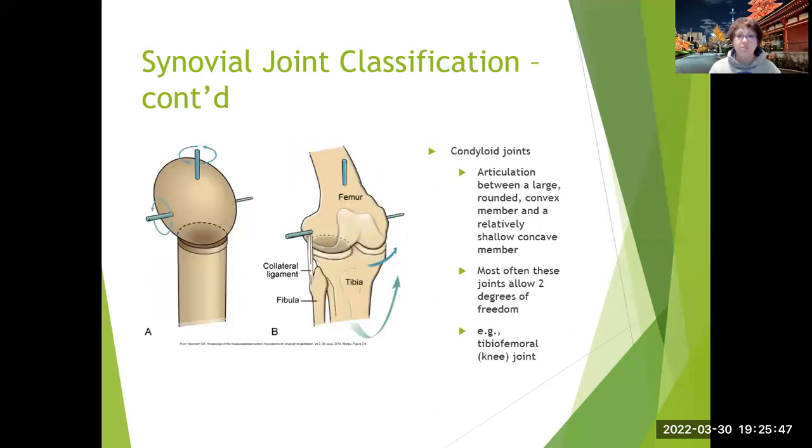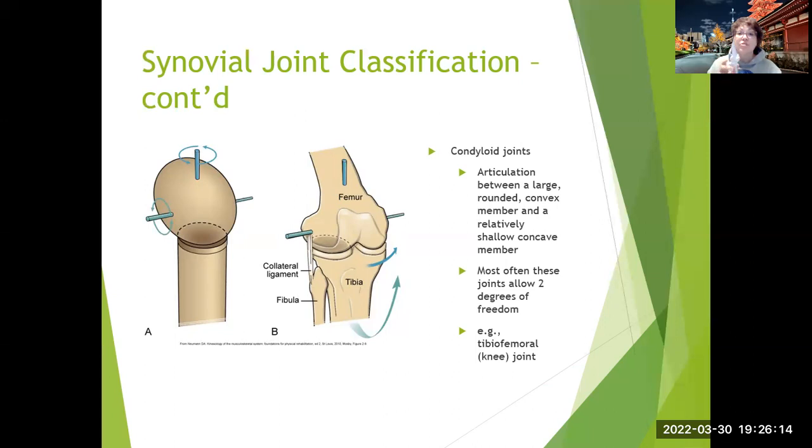A condyloid joint, that's our tibiofemoral joint, our major knee joint. The other joint in the knee is the patellofemoral joint, and we'll talk about its importance in the knee chapter. But condyloid joints are usually an articulation between a large rounded convex member, which is the femur in this case, and a relatively shallow concave member.